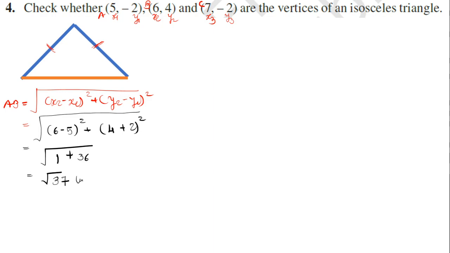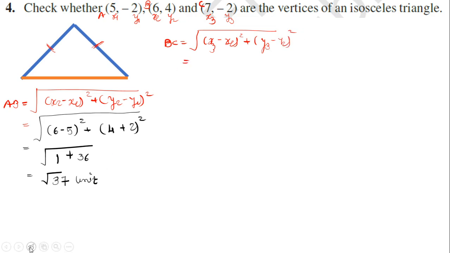No unit is given, so here you have to write just unit, because without a unit the distance cannot be given, otherwise half of your marks will be cut. This is the distance between A and B, and now we have to find the distance between B and C. So let me write BC. x3 minus x2 whole square plus y3 minus y2 whole square.